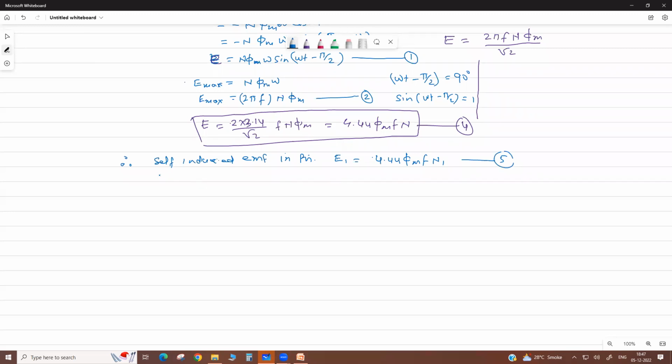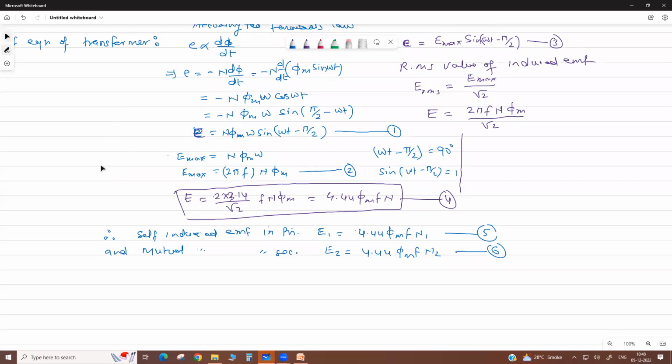And the mutually induced EMF in the secondary is E2 equals 4.44 phi m f n2, this is equation 6. So these are the induced EMF equations.